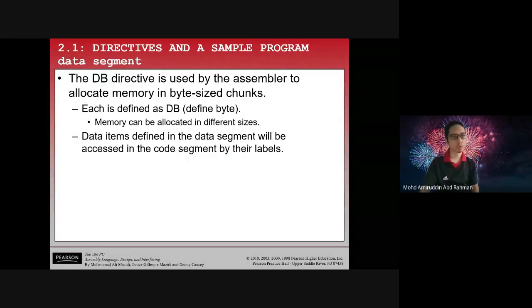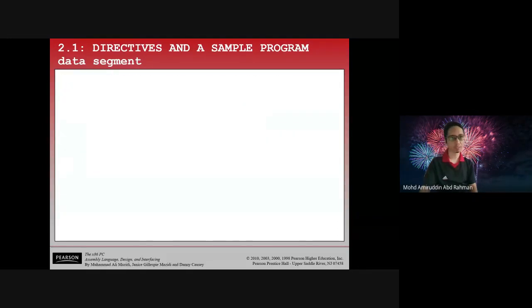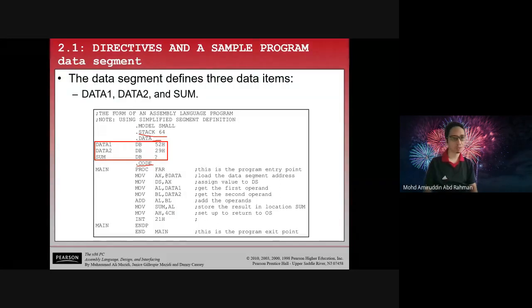We use that to allocate memory in byte-sized chunks. DB is the define byte, so we can allocate different sizes of bytes. For example, here we define byte data 1 as 52, and data 2 we define as 29.